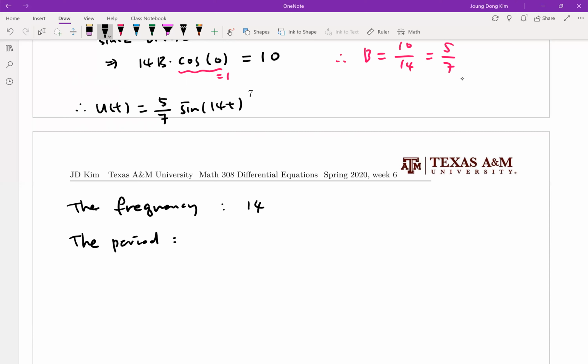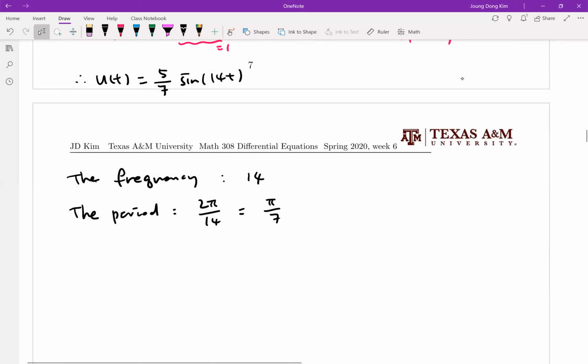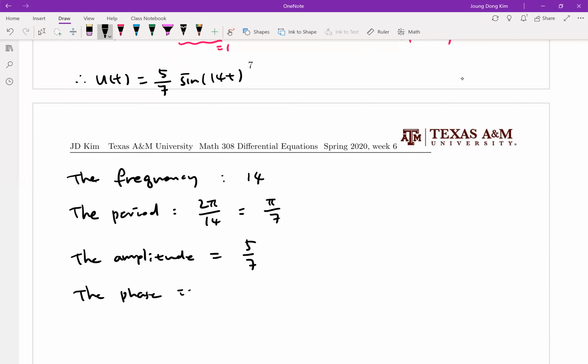It is 2 pi over omega, so we can say pi over 7, that is the period. The amplitude is the coefficient of your sine function, which is 5 over 7, and the phase, which we normally denote delta, is pi over 2.